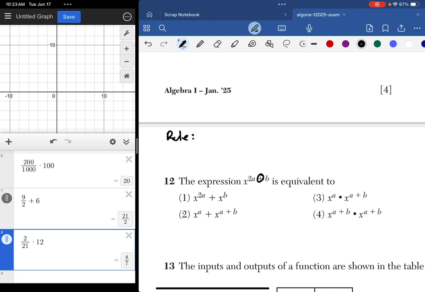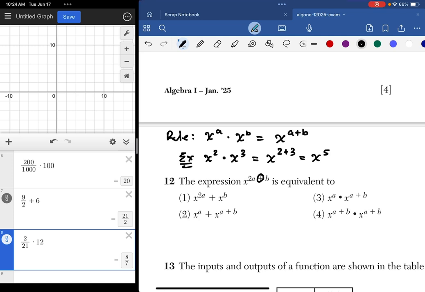So if I have x to the second times x to the third, and I guess this really isn't a rule, it's more of an example. That would be x to the 2 plus 3 power, also known as x to the 5th. So the rule is if you have x to the a times x to the b, you get x to the a plus b. All right.